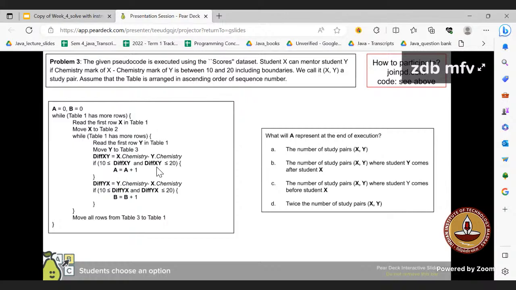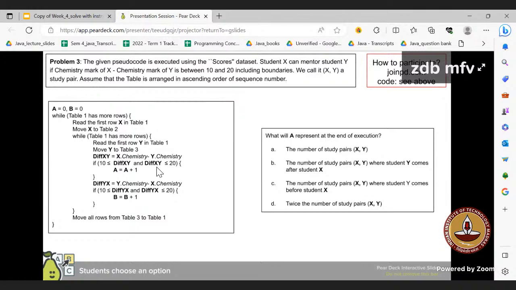Yes, ma'am. So what is a equal to a plus 1 doing? It is incrementing if the difference in xy is between 10 and 20. So what is a basically counting? Can you please tell?